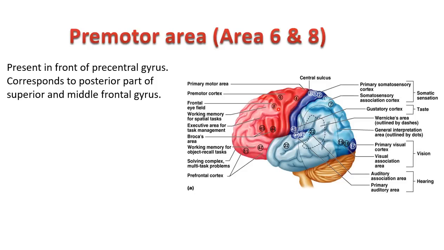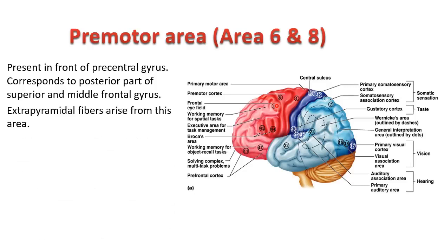Programming of the movement takes place: it receives the impulse from area 4, programs it and sends it back. It mainly performs the skilled movement: the range of movement, power of movement, which muscles have to be facilitated, which have to be inhibited. All this is by areas 4, 6 and 8.